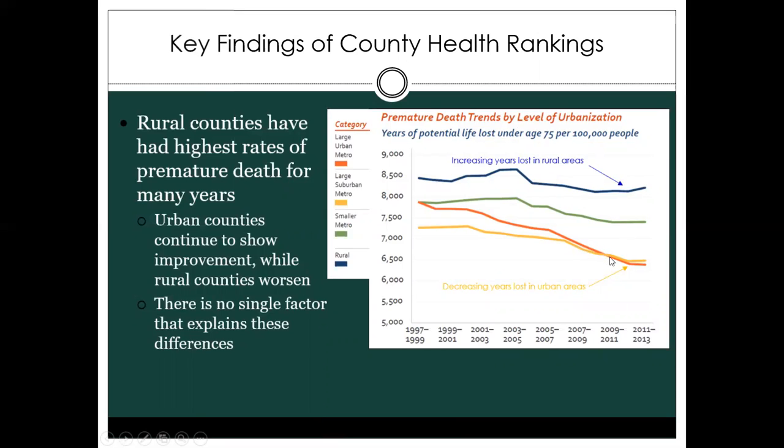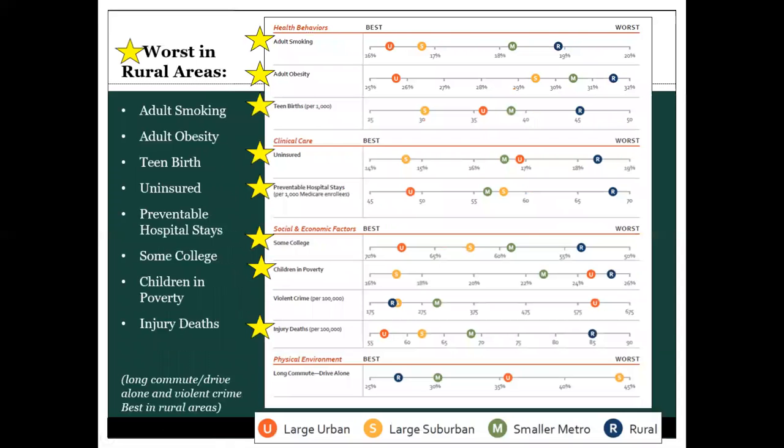Urban and suburban areas have actually been improving over time. There's really not any single reason to explain this, and that's what makes it tricky: there's no single intervention that can help fix this. But one common feature that county health rankings have found is that premature death is a risk in rural areas.